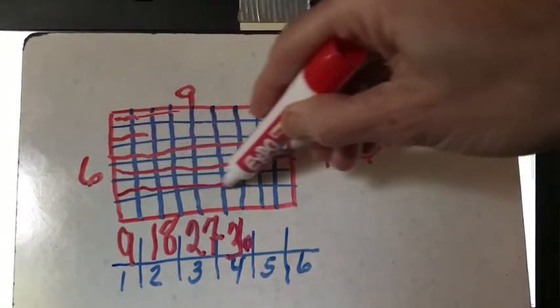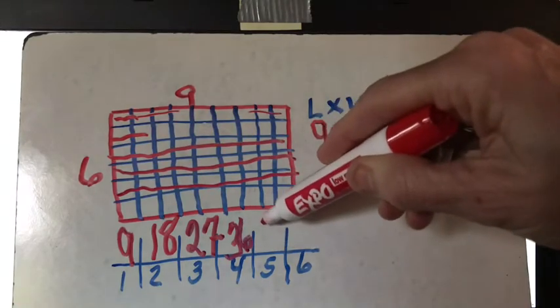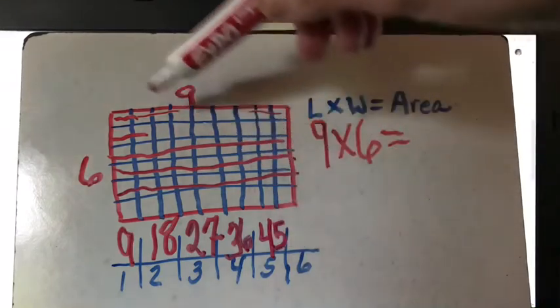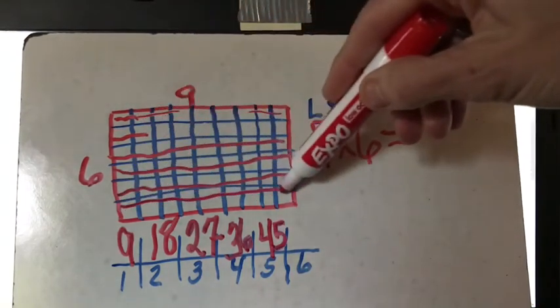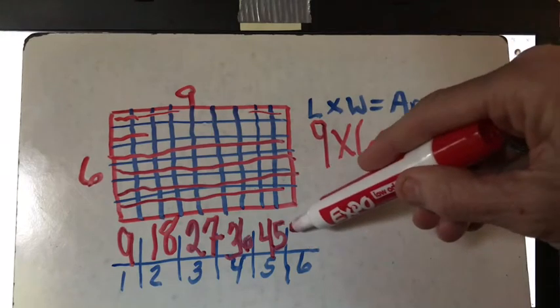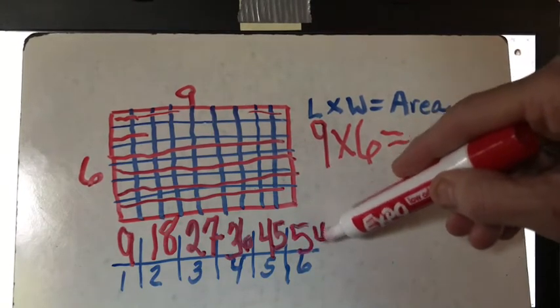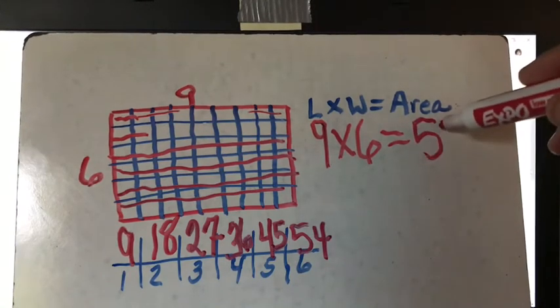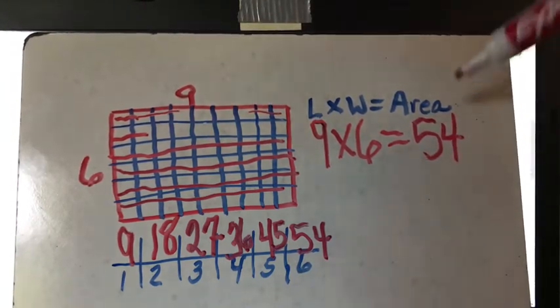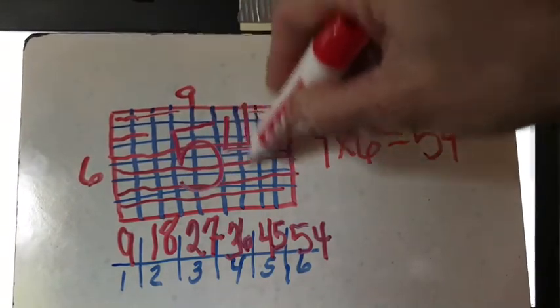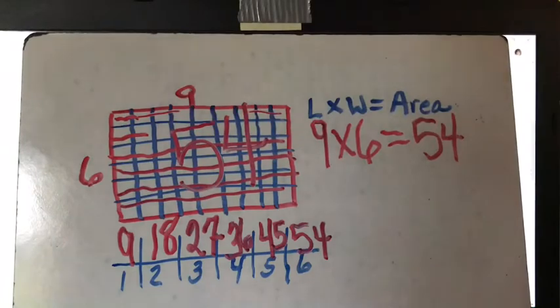If I add another 9, 36 plus 9 is 45. And my last set of 9, 45 plus 9 is 54. So 9 times 6 is 54 square units. Here they were looking at centimeters. So 54 square centimeters is the area on the inside.